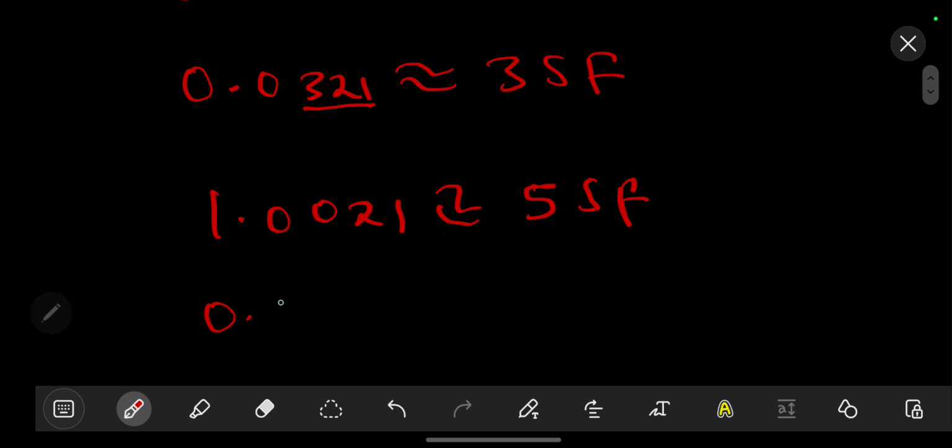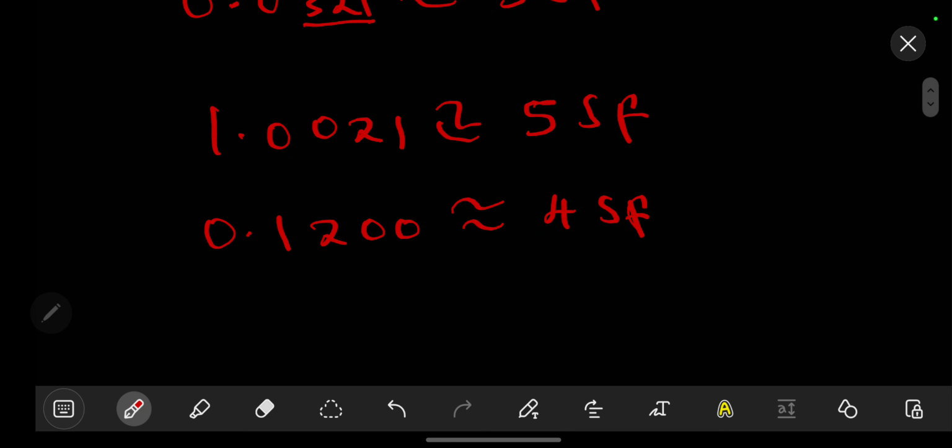Likewise, if you have 0.1200, since the non-zero number is beginning here, the number of significant figures for this number will be 4 significant figures. Likewise, if you have a number such as 498, then this number shall just have 3 significant figures.